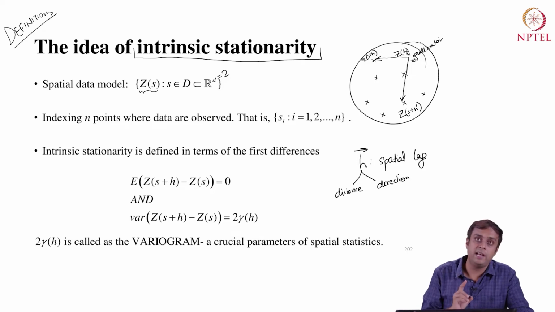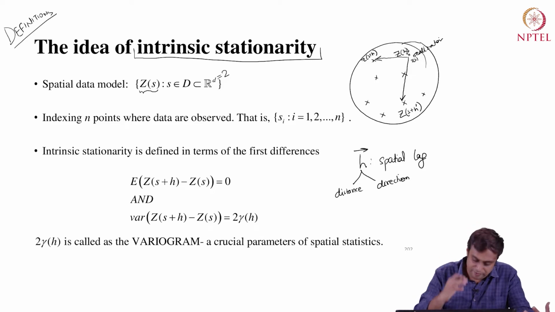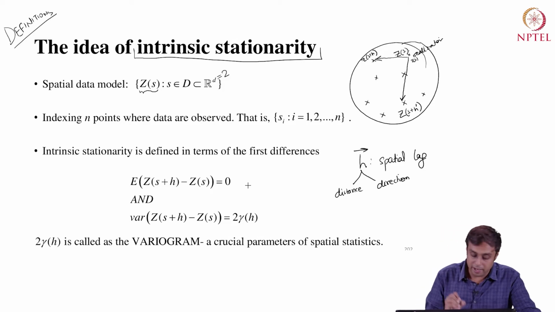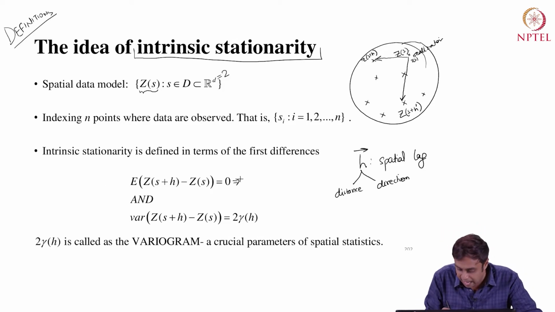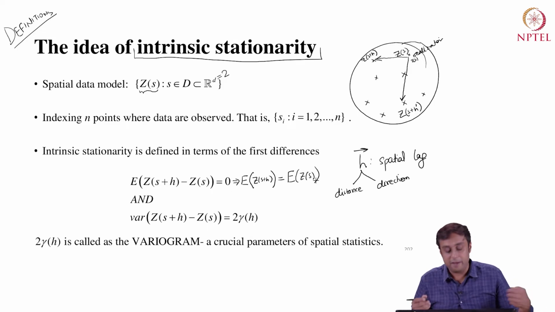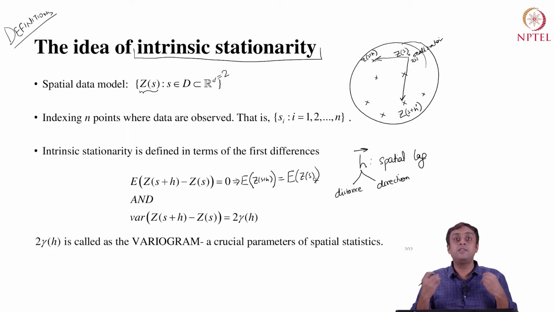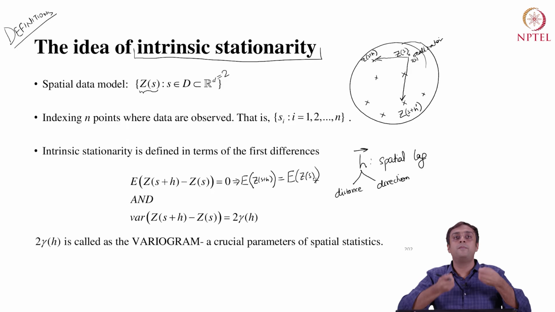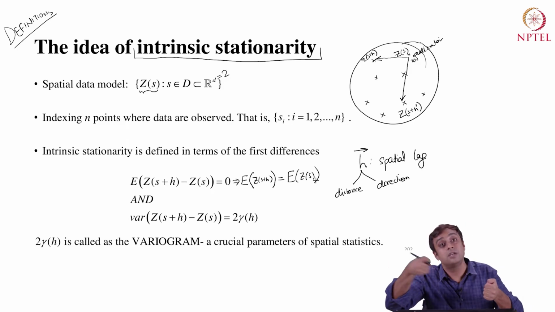Now, intrinsic stationarity holds when the expectation of Z(s plus h) minus the expectation of Z(s) is equal to 0. What does it mean? It means that the expectation of Z(s plus h) is exactly equal to the expectation of Z(s). That means the mean value at each location is exactly the same. Remember, we are pooling data in space to be able to comment upon summary statistics, centrality measures at each location.